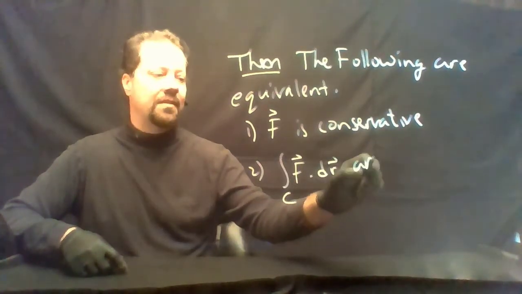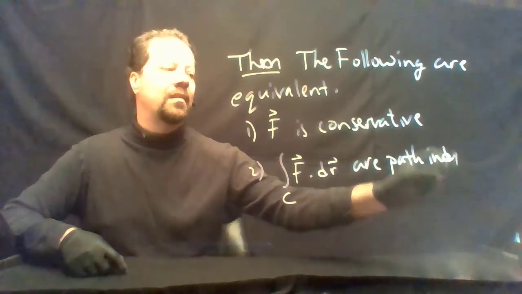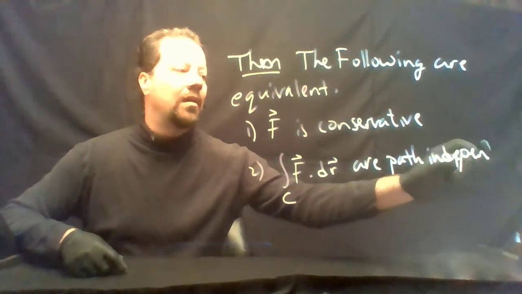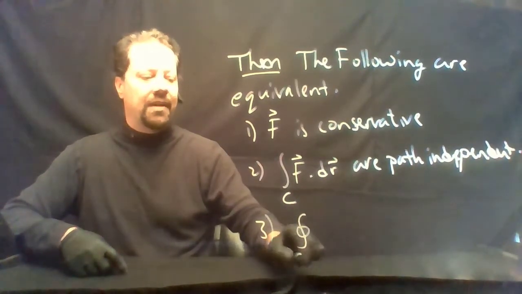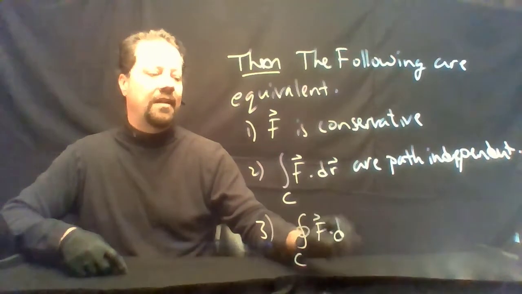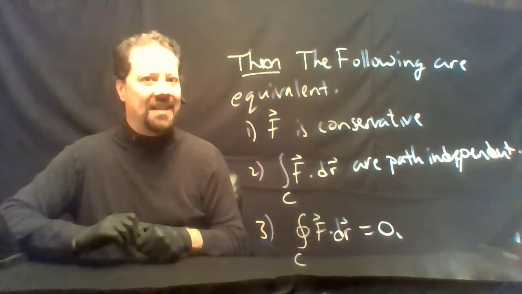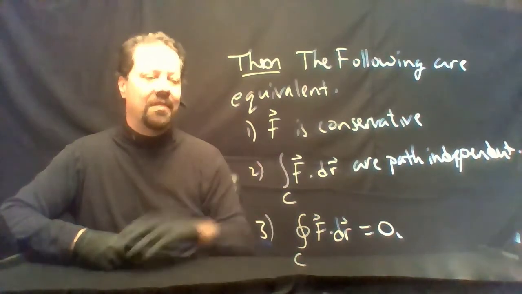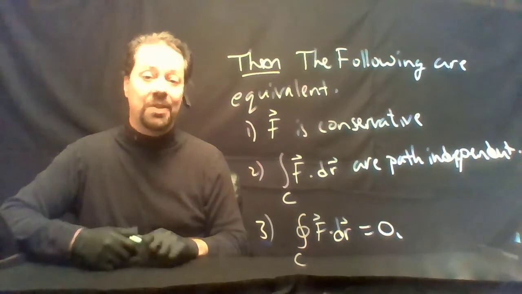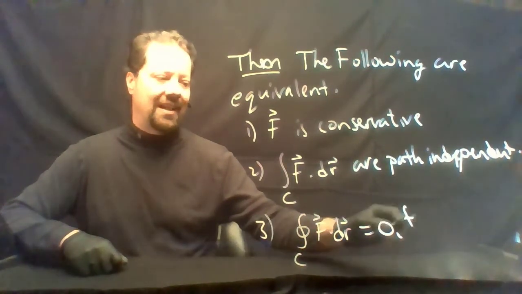Work integrals are path independent. And 3. If you integrate on a closed loop, F dot dr, you get 0. You might not have anticipated that the last one is equivalent to the vector field being conservative, but we'll show that it is. We're assuming that this is true for all closed loops C.